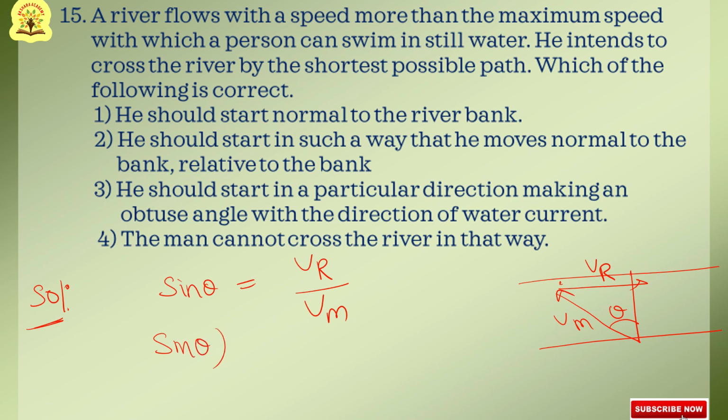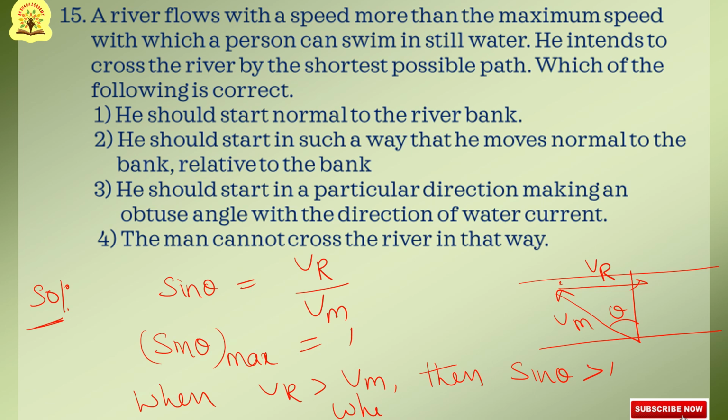Sin theta at its maximum is equal to 1. When VR is greater than Vm, then sin theta is greater than 1, which is not possible.